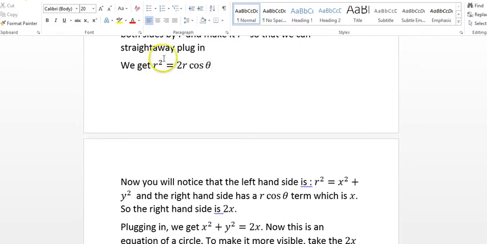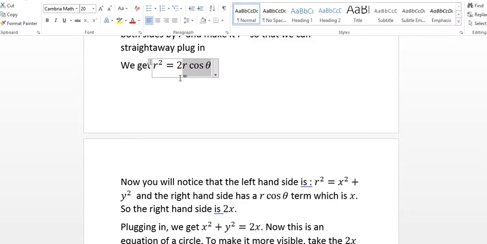But we know what r is. r squared is equal to x squared plus y squared. So we can go up here and plug in x squared plus y squared. And on the right hand side, if you look at this piece right here, not the 2 but the piece other than 2, that is r cosine theta, which is just x.